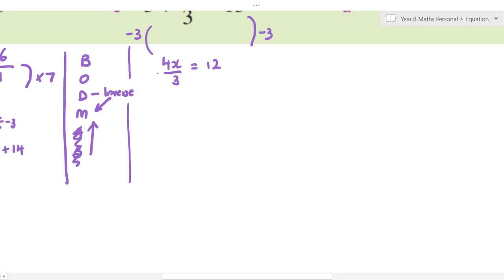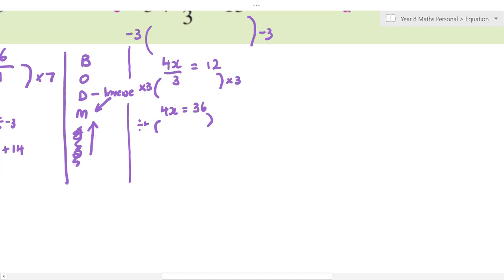So which one would you like to do first? Okay, so she wants to get rid of the division first. That's fine. So we're timesing the left-hand side by 3, which means we have to times the right-hand side by 3. Now that's going to cancel out the 3, of course. So we're left with 4x is equal to 12 times 3, which is 36. And of course, Abby, what's the last step?